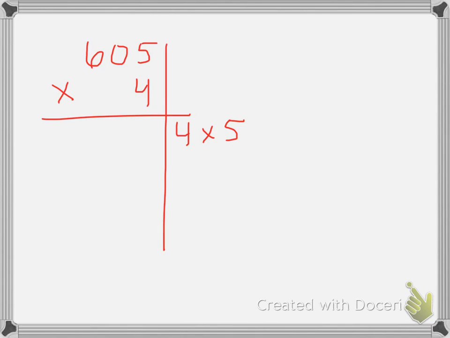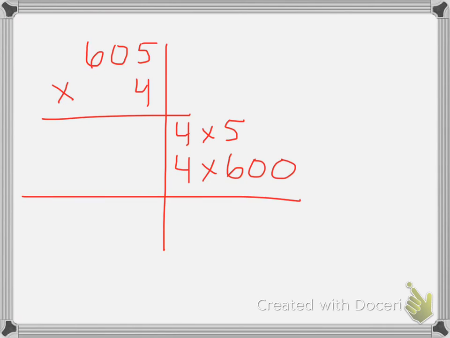So it actually makes it a little easier here. So instead of 3 partial products, I'm actually only going to have 2. Okay, so I'm going to skip over 4 times 0 tens is 0. So there's no point in even writing it. Okay, then I skip out to the hundreds, and I have 4 times 600. So because we skipped over the tens, make sure that that's 600s. All right, and I have 4 times 5 gets me 20.